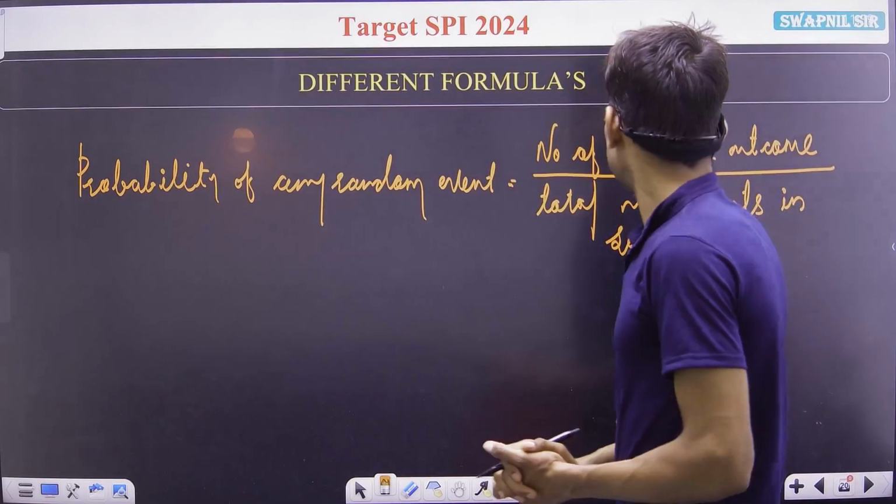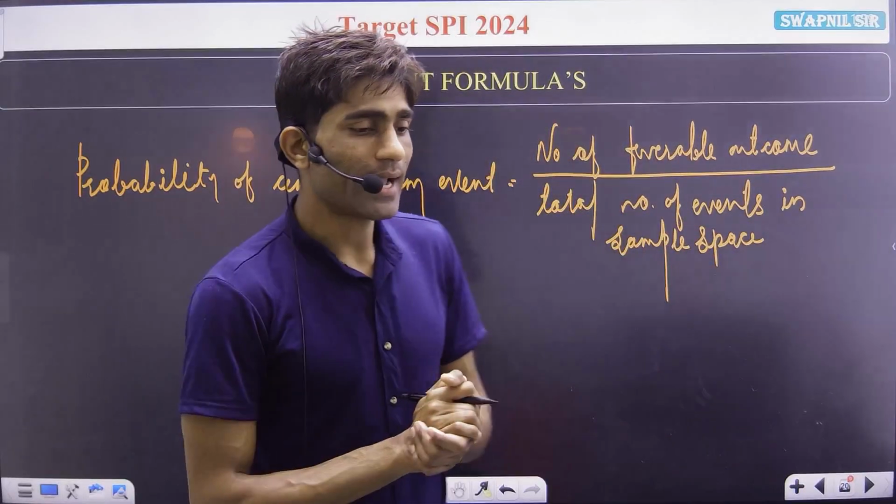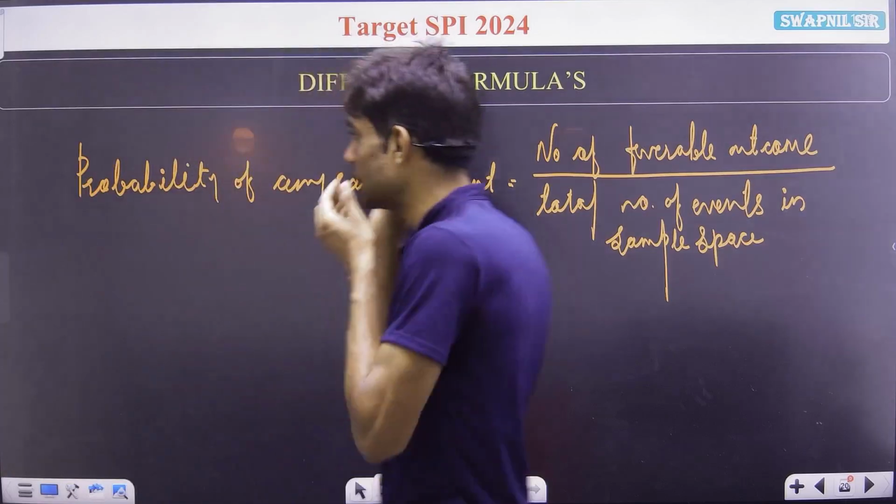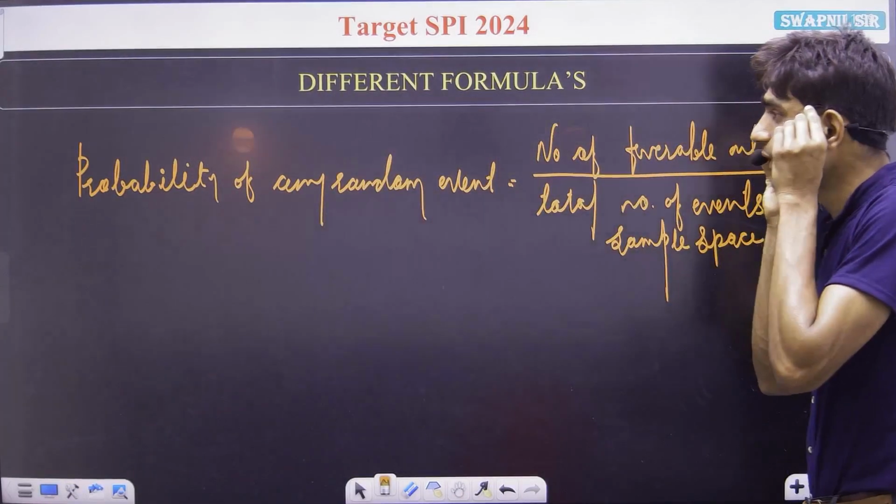That is, the total number of favorable outcomes divided by the total number of events in our sample space. That is the actual definition for the probability of a random event.